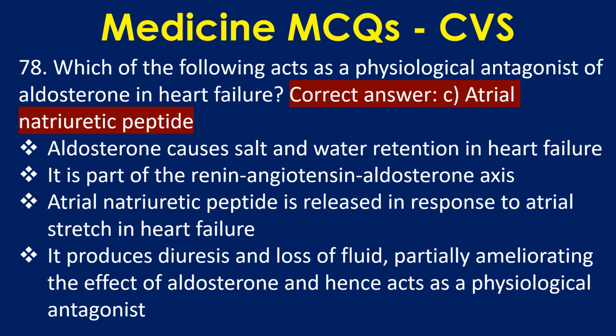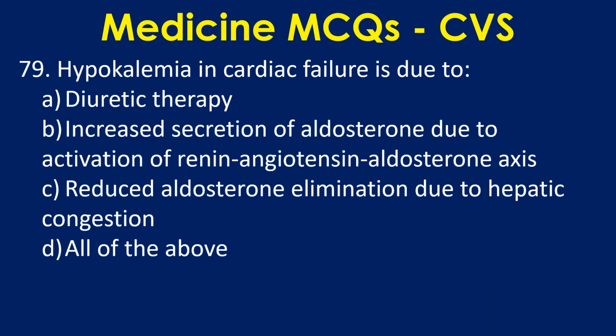Aldosterone causes salt and water retention in heart failure. It is part of the renin-angiotensin-aldosterone axis. Atrial natriuretic peptide is released in response to atrial stretch in heart failure. It produces diuresis and loss of fluid, partially ameliorating the effect of aldosterone and hence acts as a physiological antagonist.